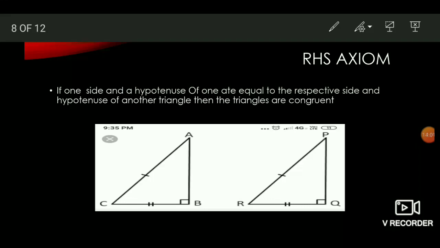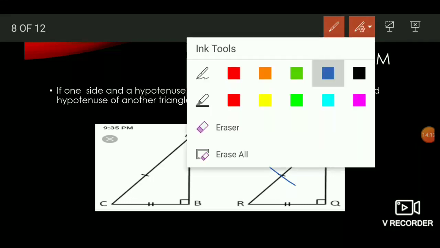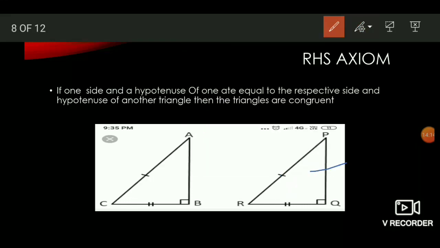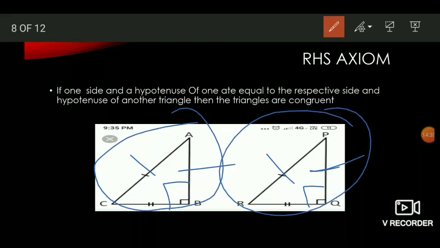Now suppose one side, this one, is equal to this side, and this hypotenuse is equal to this hypotenuse, and this angle is 90 degrees. Then by RHS congruency we can say that this triangle and this triangle are congruent.